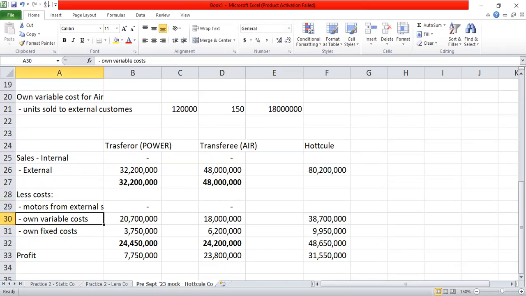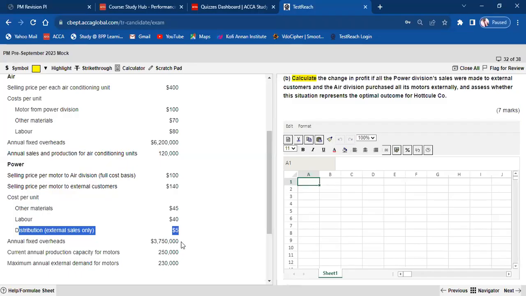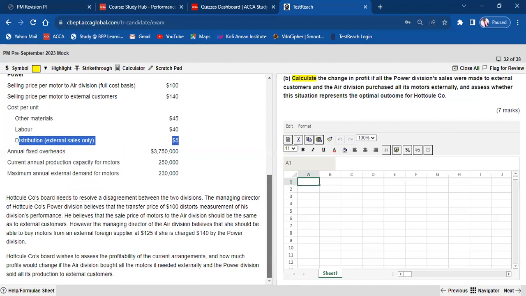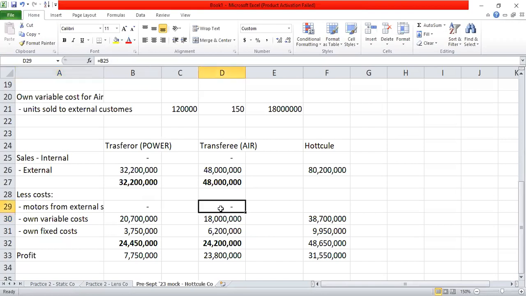They argue that they can get these motors from an external supplier at $125. So they are going to buy all those 120,000 motors for their 120,000 ACs times 125. Yeah, I missed out on this.